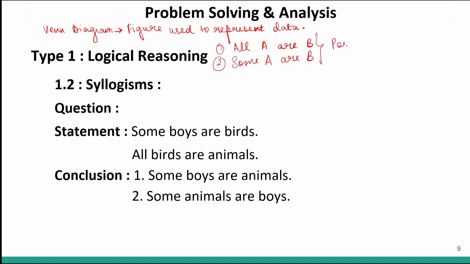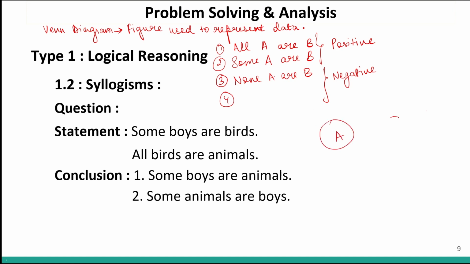Now, these two, all A are B and some A are B, are called positive statements. Then there are two statements which are called negative statements. Now, what do you mean by a negative statement? If I say that no A are B, or none A are B, that means A and B will not overlap.